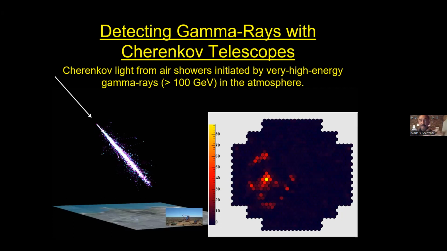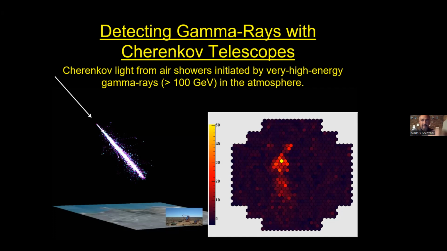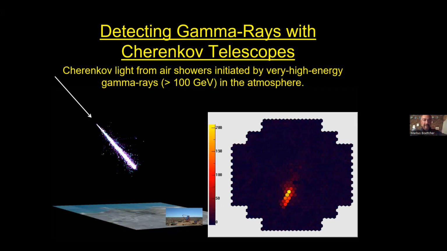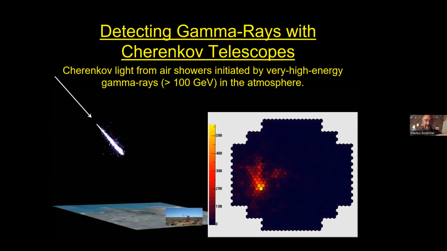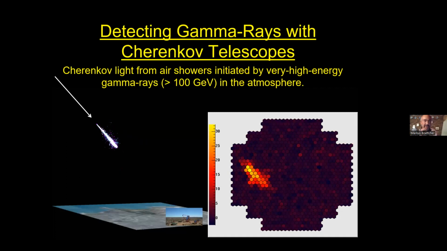These electrons and positrons have so much energy that they produce more gamma rays that get absorbed again, produce more pairs, more gamma rays, more pairs. You produce a whole shower of secondary particles, of thousands of particles, that all move extremely rapidly through the atmosphere, and produce short flashes of Cherenkov light.